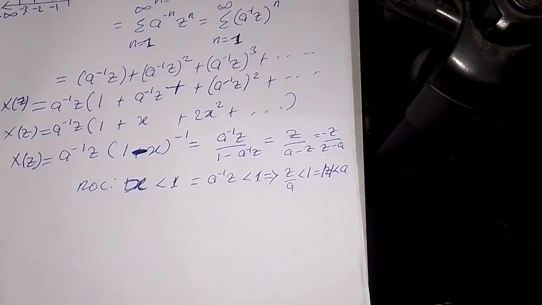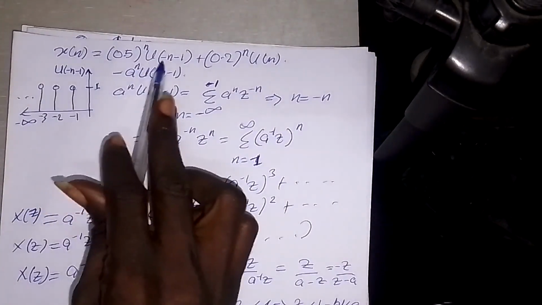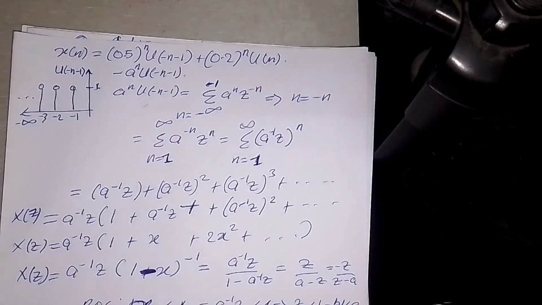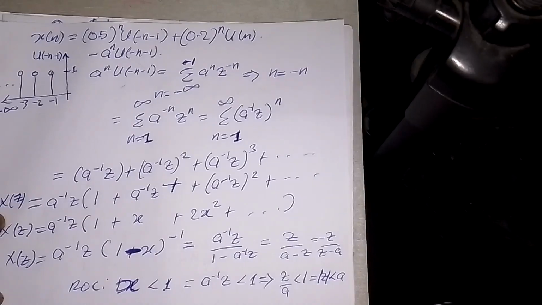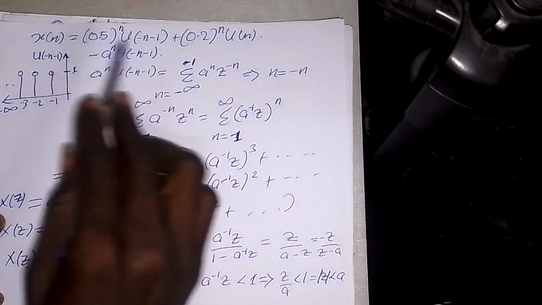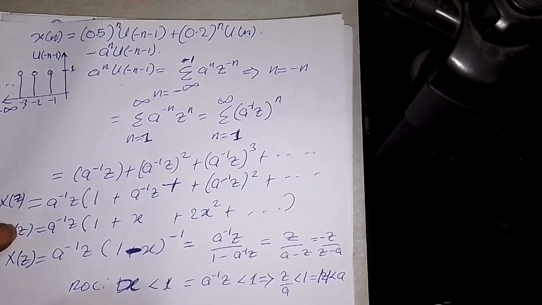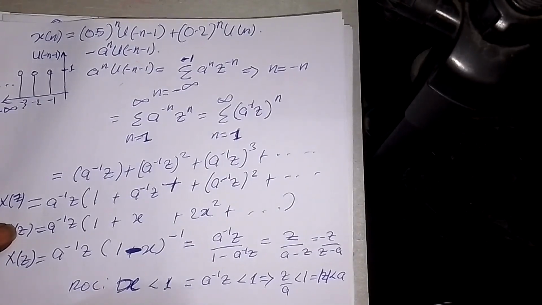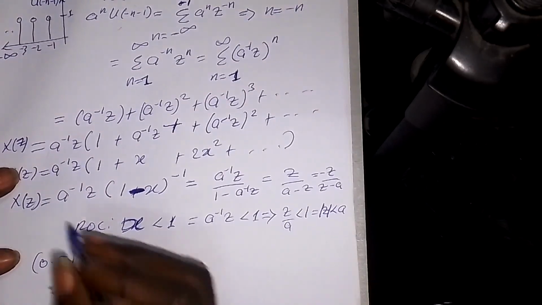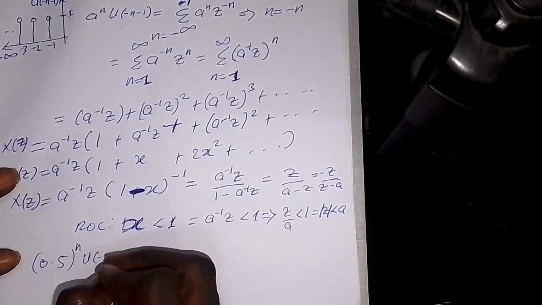And then from here, we will apply our knowledge to solve for this particular one. So now you can see that I have 0.5 exponent n into u of minus n minus 1.